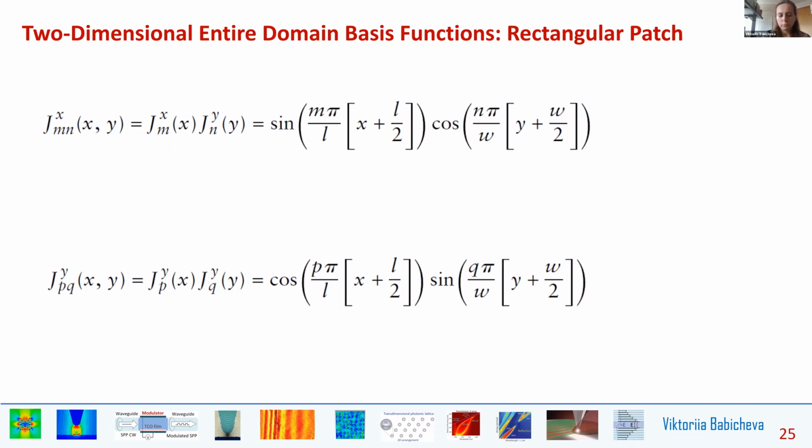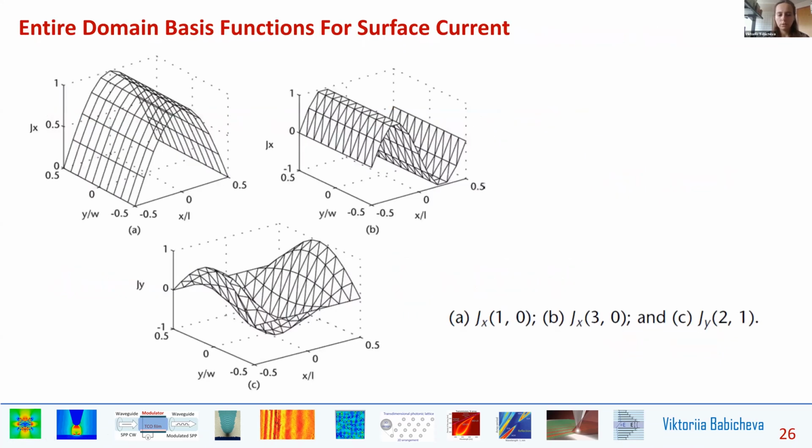So if we need faster convergence of the solution, we can multiply both expressions by these factors. And finally, this plot illustrates the behavior of several types of basis functions for a rectangular patch.